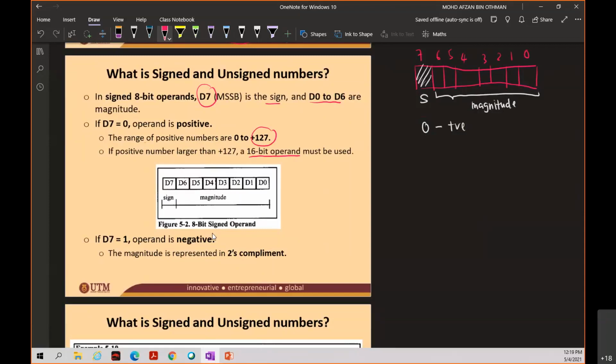If bit 7 is 1, then what happens? You know that this is a negative number. So the value inside the magnitude, you need to change it using the second complement in order to get the real value.